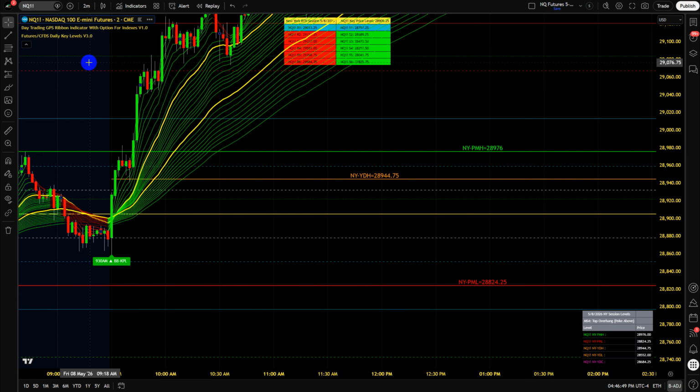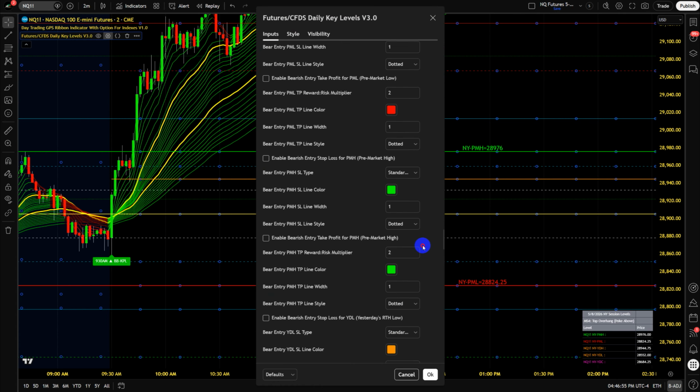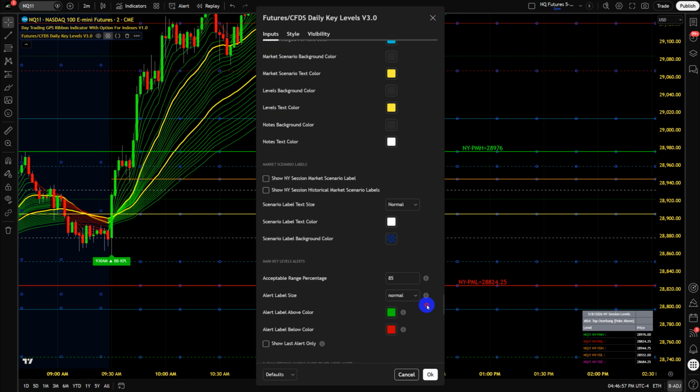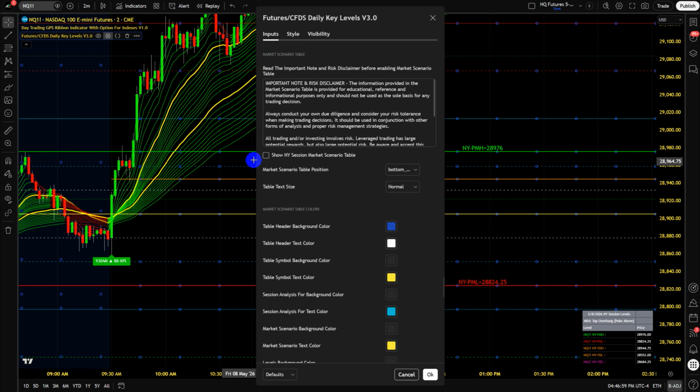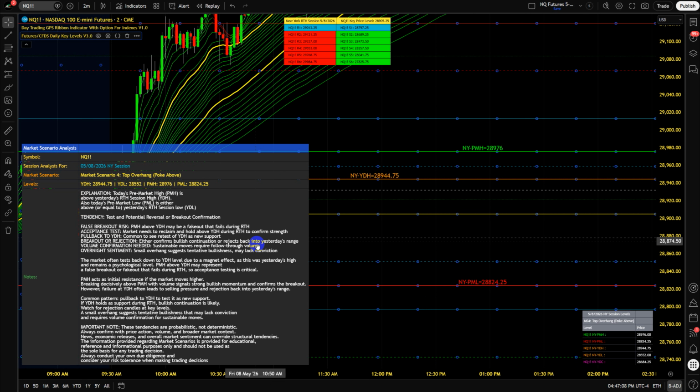Now, if you remember from our market scenario analysis, we'll just go back and look at that very quickly again. Market needs to reclaim and hold above YDH during RTH to confirm strength.